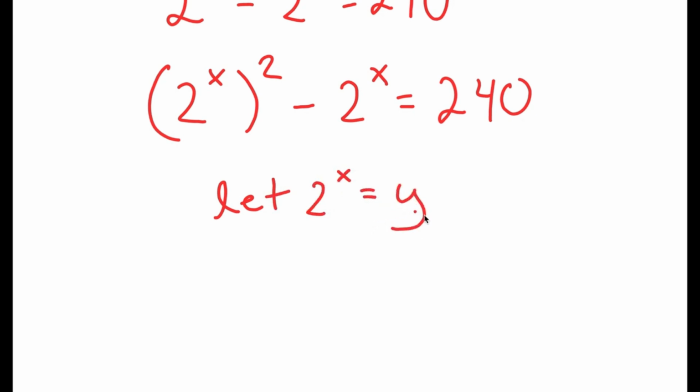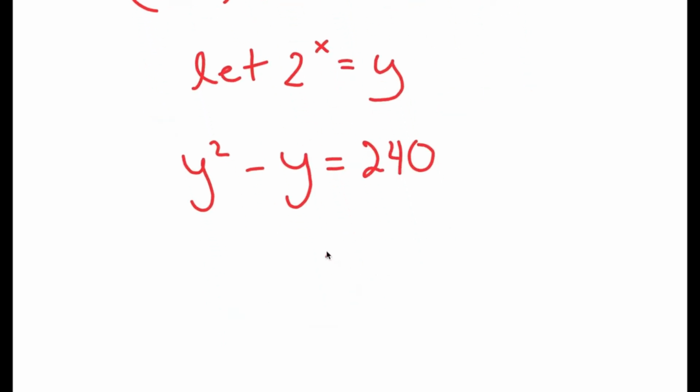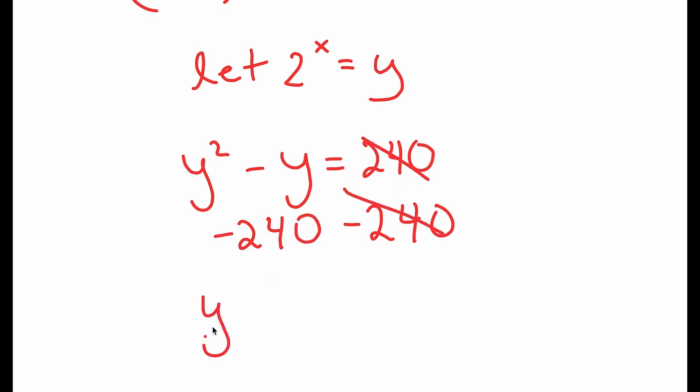So if I substitute in y for 2 to the power of x, I get y squared minus y is equal to 240. And now I can subtract 240 on both sides. So these two cancel out, and I get y squared minus y minus 240 is equal to 0.